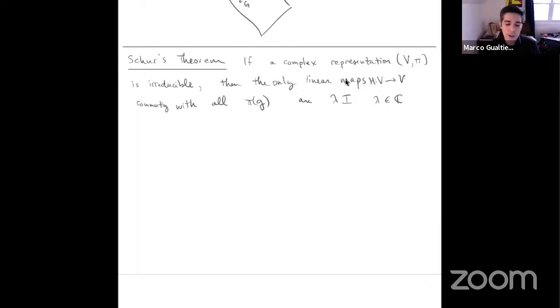And somehow the point is that the matrices, because the representation is irreducible, right? You should think that what that means is that when you pick a vector and you act by all the matrices in the group, it's going to be moved around, and it will kind of sweep out the entire vector space, or at least it will sweep out a bunch of vectors that will span the space.